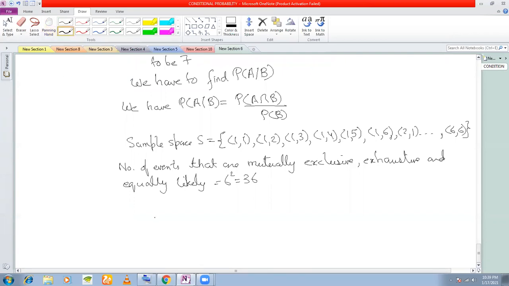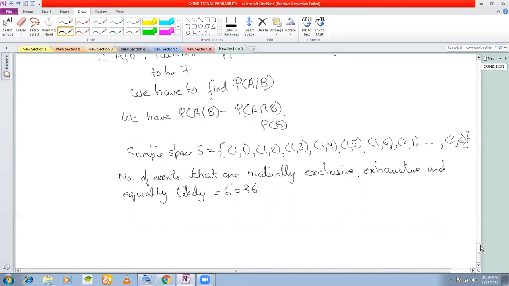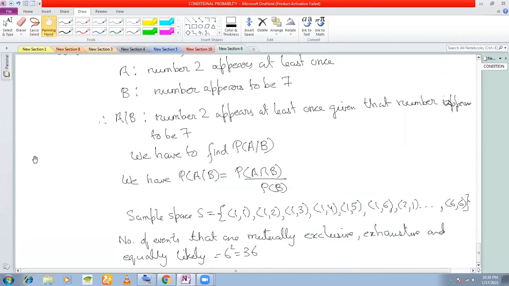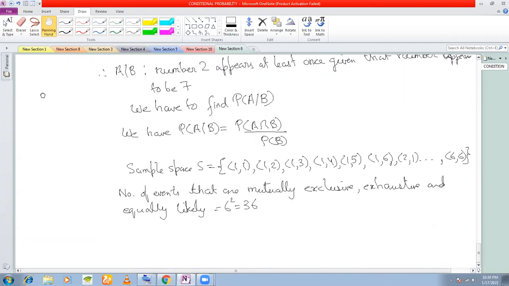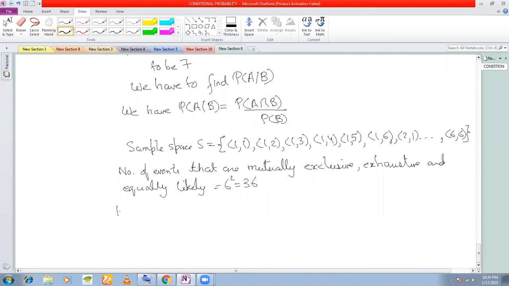Now what do we need to find? We need to find the event A. What is the event A? Number 2 appears at least once. How can A appear at least once?